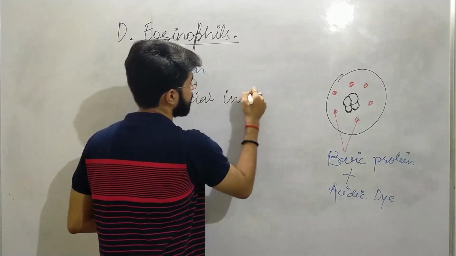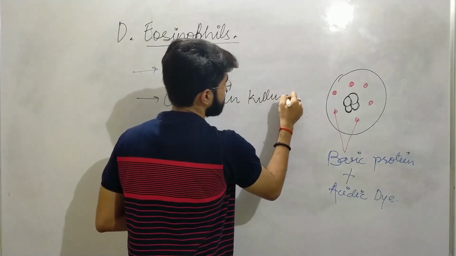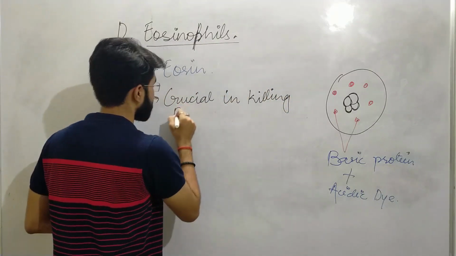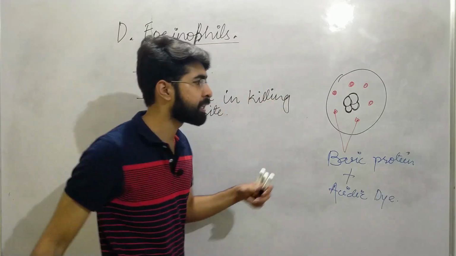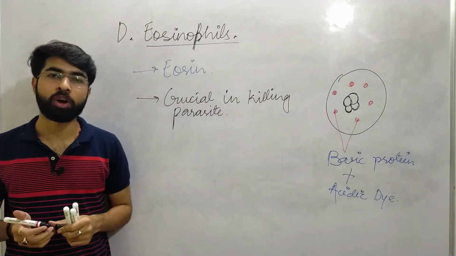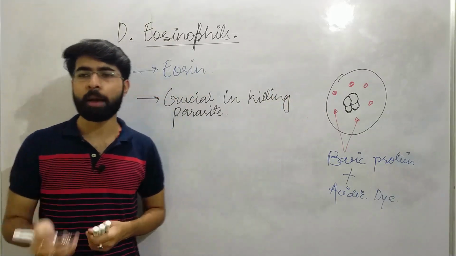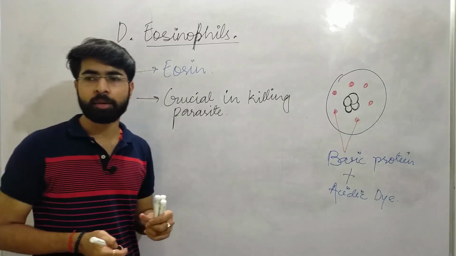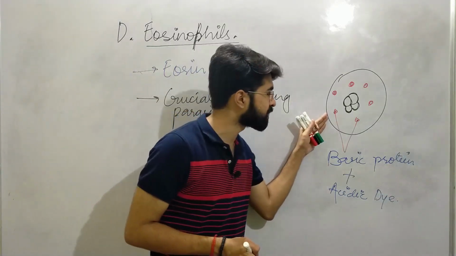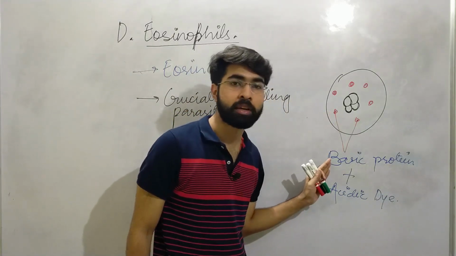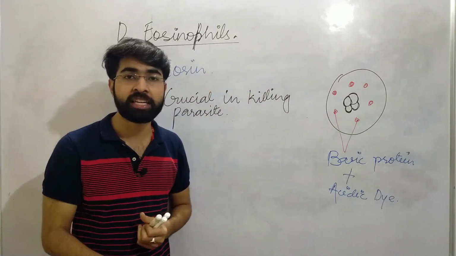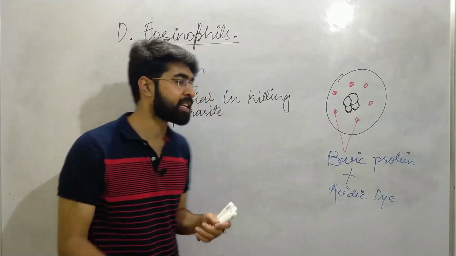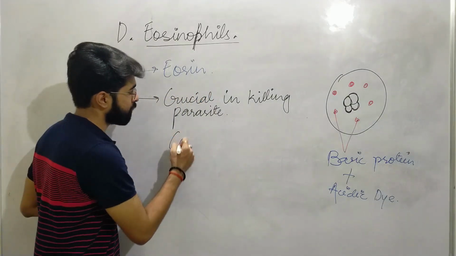How? We'll see. It helps in killing parasites because it has an enzyme which helps in degrading the cell wall of the parasites. The granules of the eosinophils contain a unique basic toxic protein which helps in killing the parasites and destroying their cell wall.